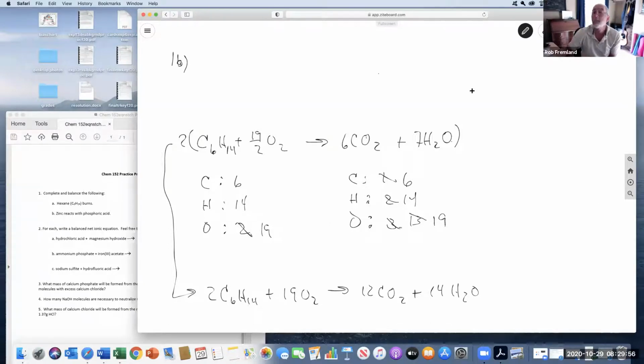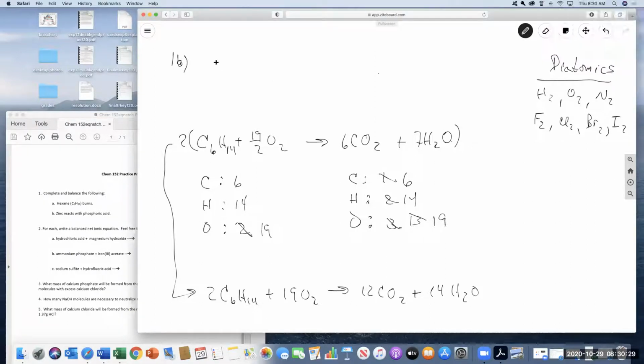So the diatomic elements, just to help you remember those, the ones that are always a 2 if they're not combined with something else, are H2, O2, N2, and then the halogens, fluorine, chlorine, bromine, and iodine. Okay, so it can have a different subscript if it's combined with something else, but when it's by itself, it's always a 2. Okay, thank you.